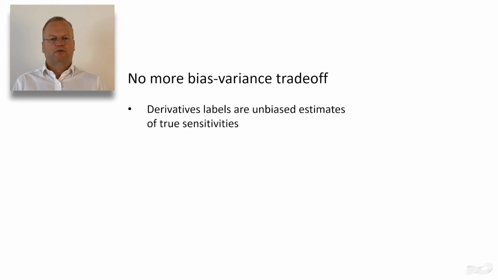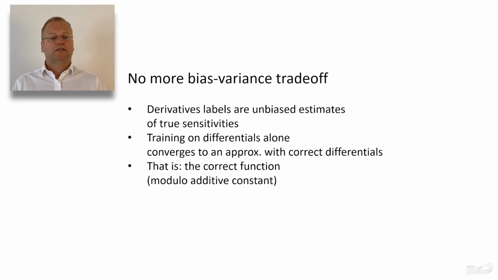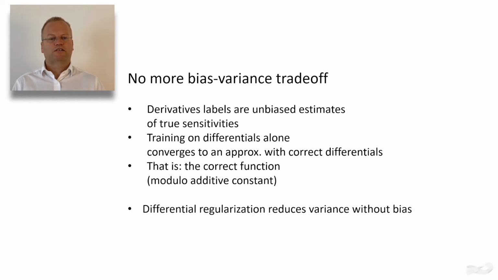Recall that differential labels are unbiased estimates of true sensitivities. Hence, training on differentials alone converges to an approximation with all the correct sensitivities. That is, the correct function, modulo an additive constant. The penalty for wrong differentials doesn't deviate training from converging to the correct pricing function.